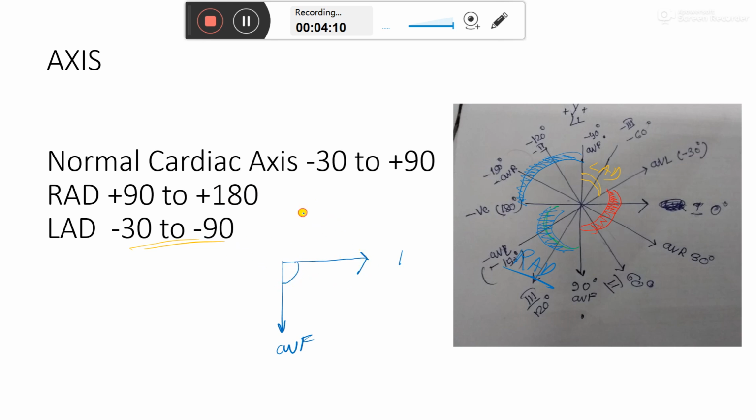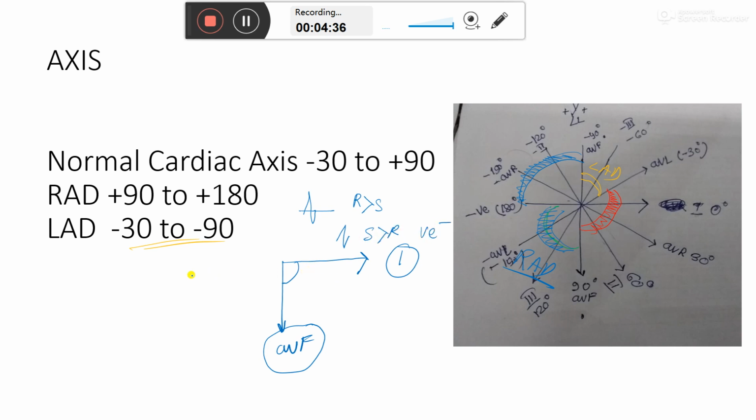Normally we will see the QRS complex. R is greater than S in both lead 1 and AVF. If R is greater than S, it is normal. If S is greater than R in any lead, that is negative.